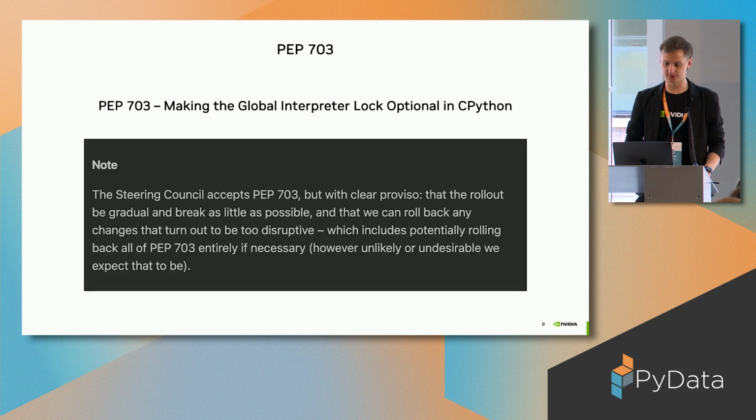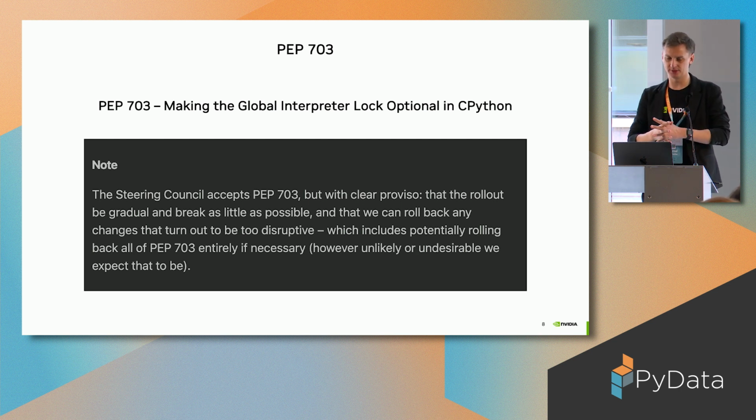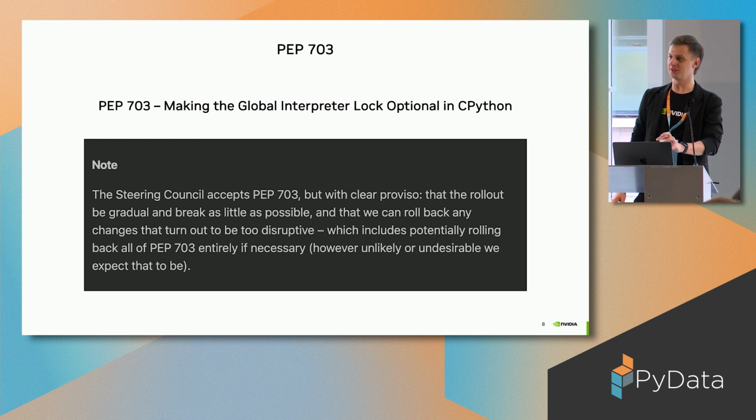The PEP that proposed the removal of the GIL is a special PEP because it has this note at the beginning. This note is special because no other PEP has it. Basically, what this means is that the steering council accepts the PEP, sees removing the GIL as an advancement in the language. However, it's not certain that it will come through. It's not certain that removing the GIL is something that we really want.